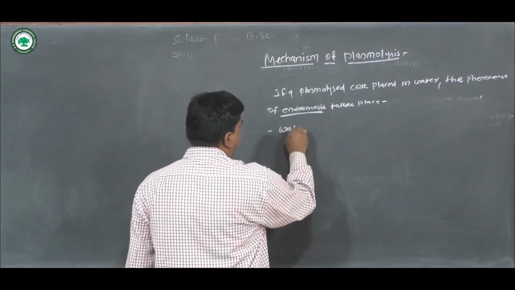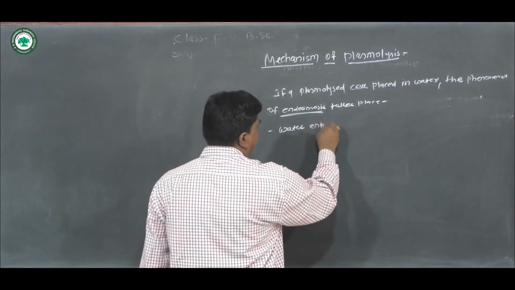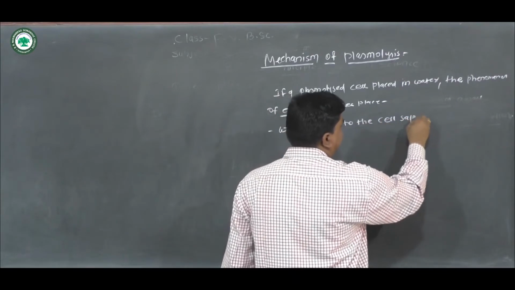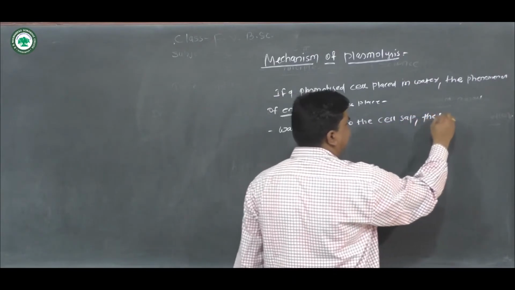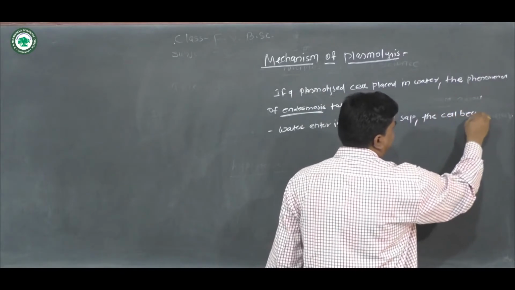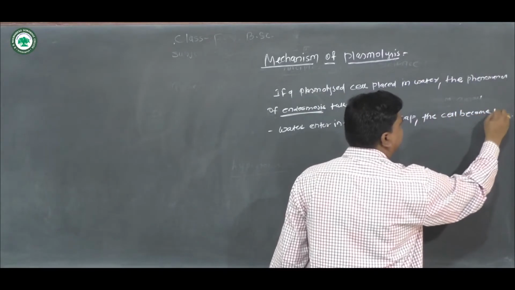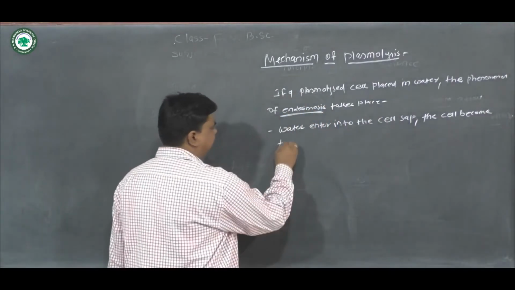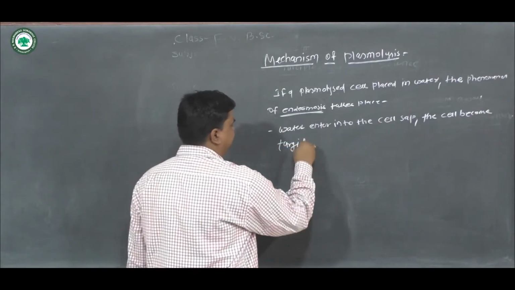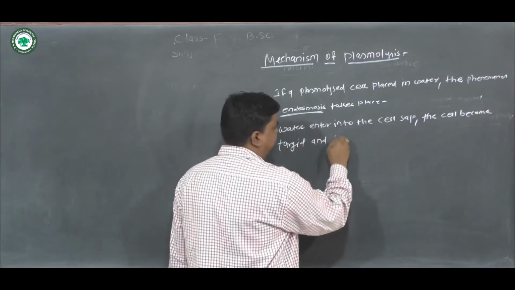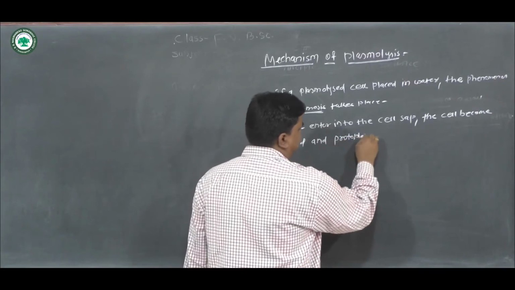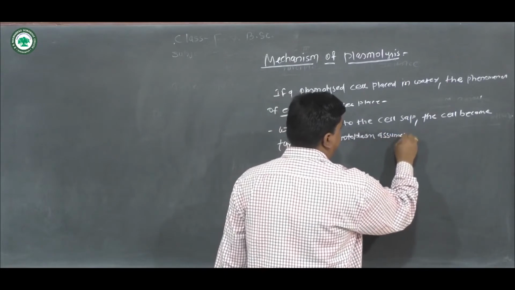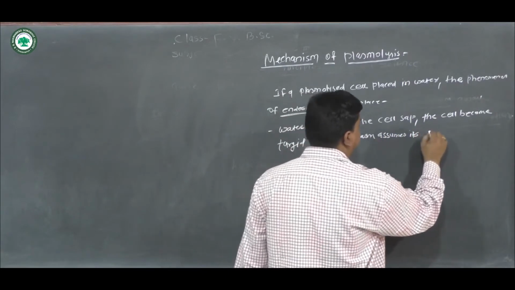Water enters into the cell sap, the cell becomes turgid, and the protoplasm assumes its original shape.